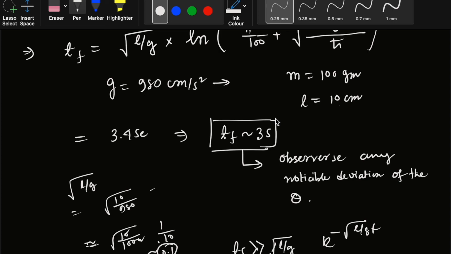And here, if we wait t_f around 3 seconds, we can observe any noticeable deviation of theta.